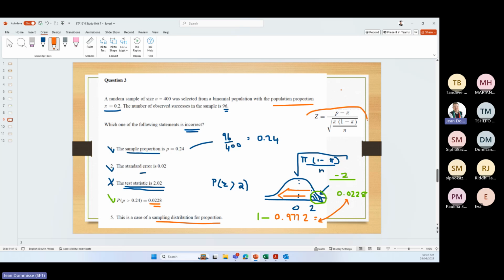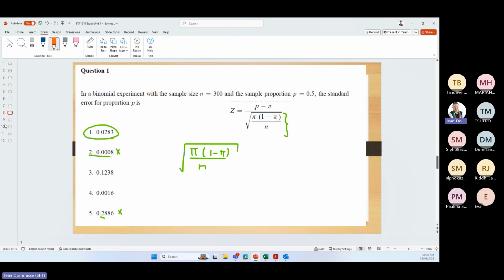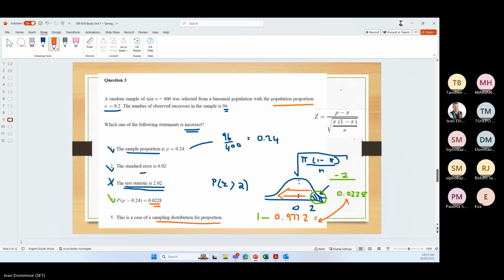We used this formula. So it would have been the 0.24 minus 0.2.